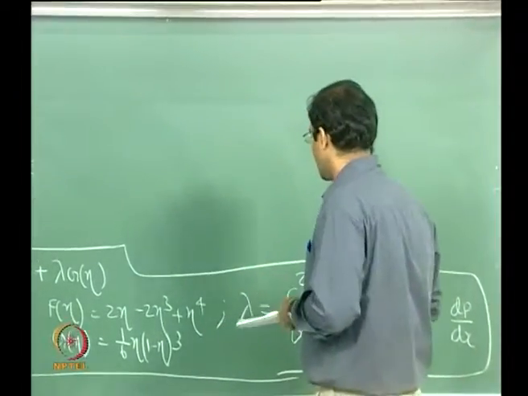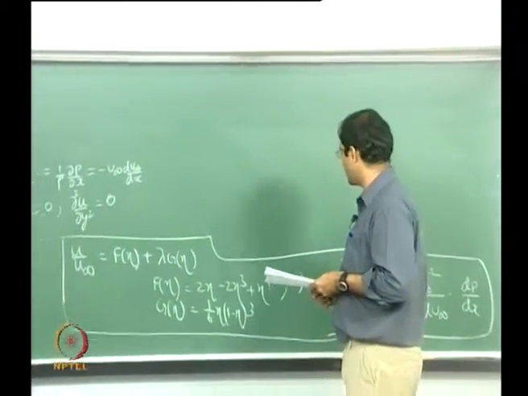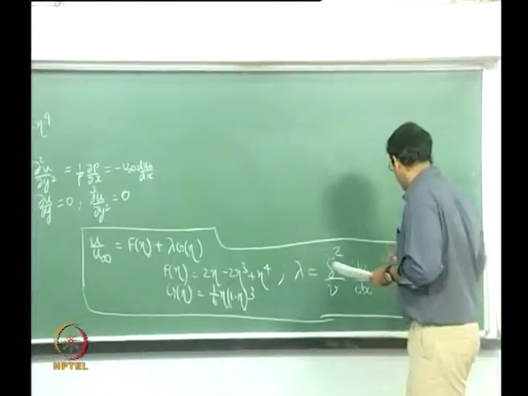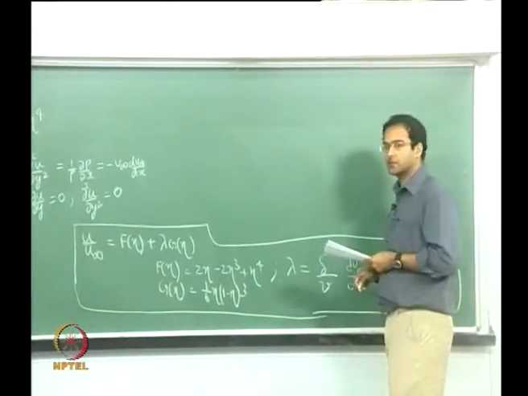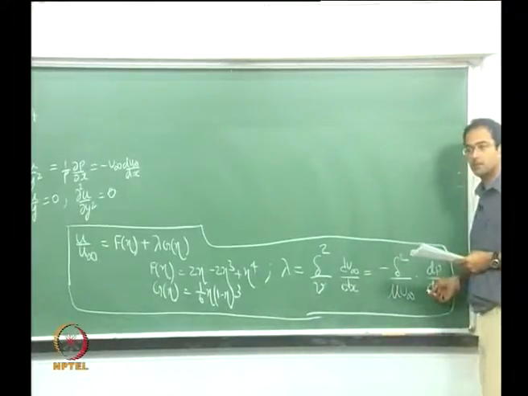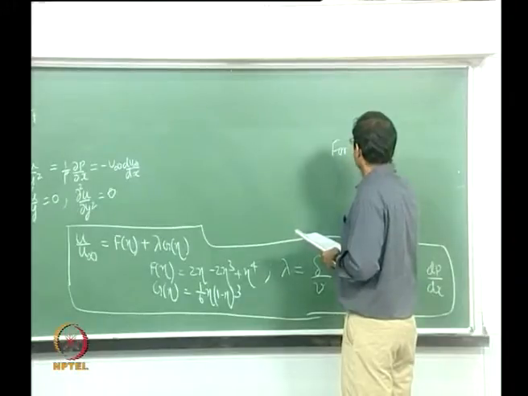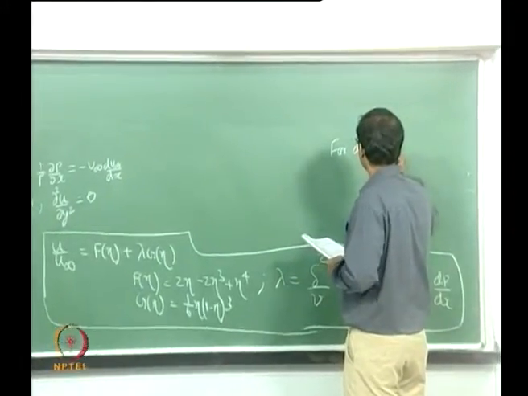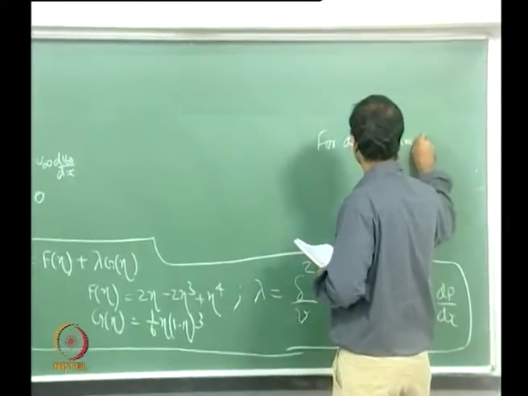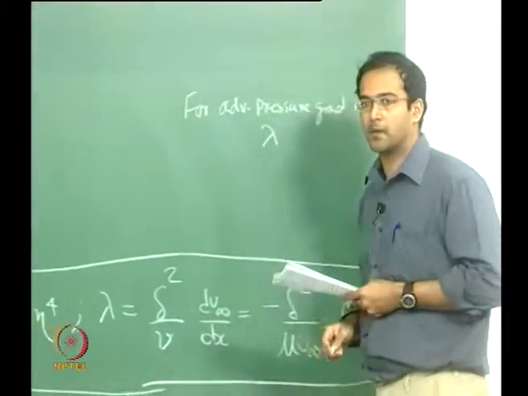Okay. Now the thing is, this lambda carries some meaning here. Okay. So typically if you are looking at adverse pressure gradient flows, where your dp by dx is positive, so for flows with adverse pressure gradient, typically what should be the condition for lambda?